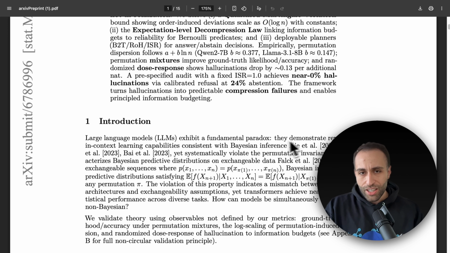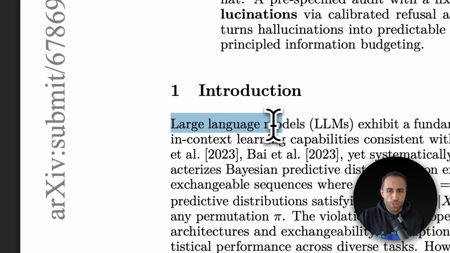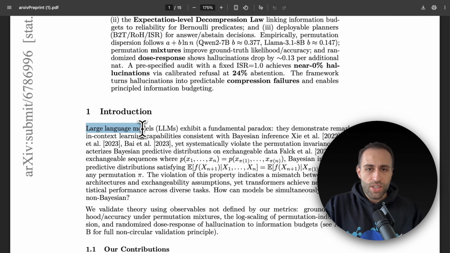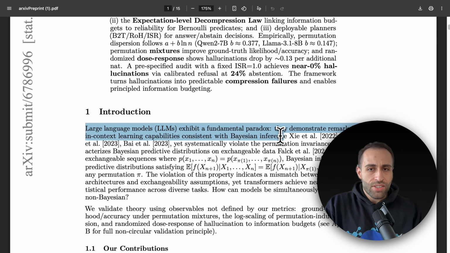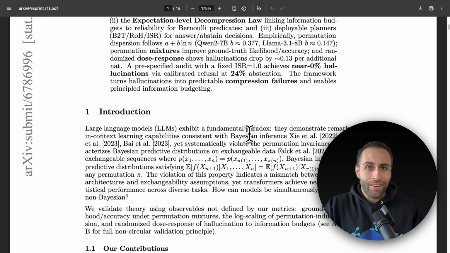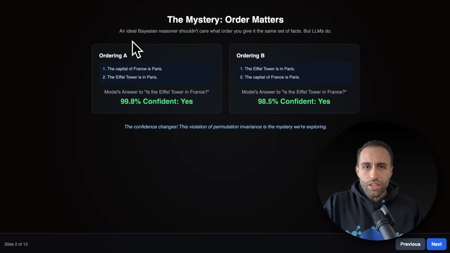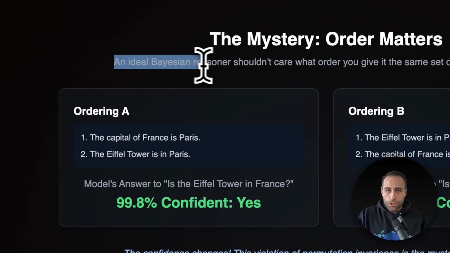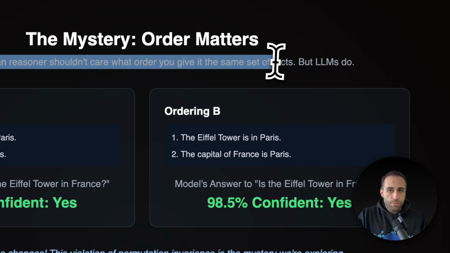So they're starting with highlighting that language models, which are supposed to provide consistent Bayesian inference, are not actually doing so. So they are fundamentally presenting a paradox. So what is that paradox in the Bayesian approach? Well, in general, an ideal Bayesian reasoner shouldn't care what order you give to the same set of facts.